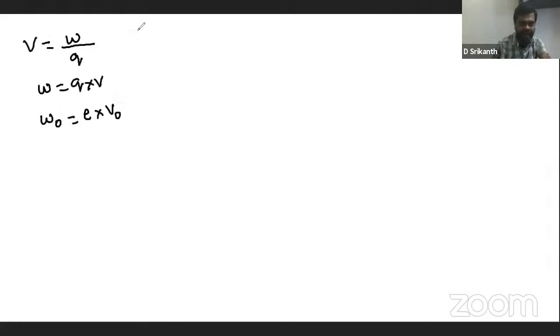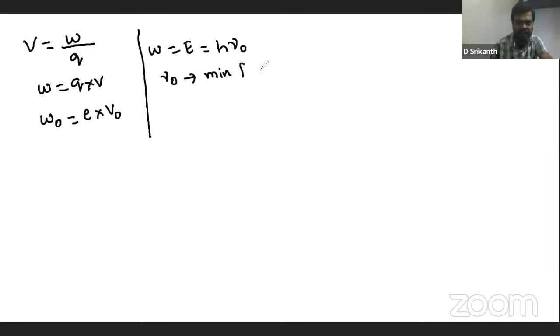The same work done will be in the form of energy. Suppose one electron escapes from the metallic surface, I can write it as h nu naught, where nu naught is the minimum frequency required by the metallic surface to escape electrons.